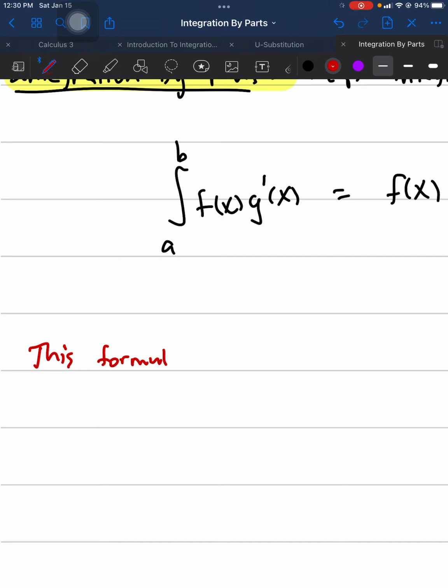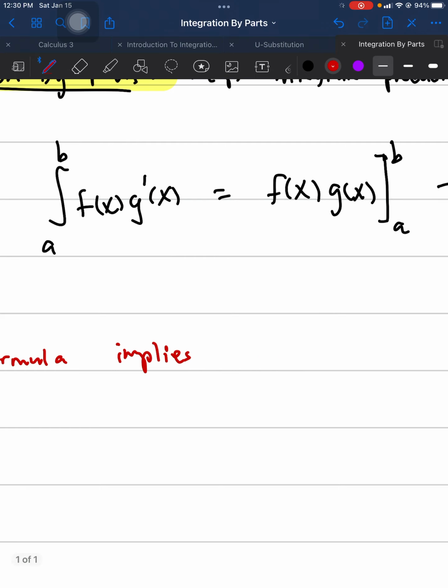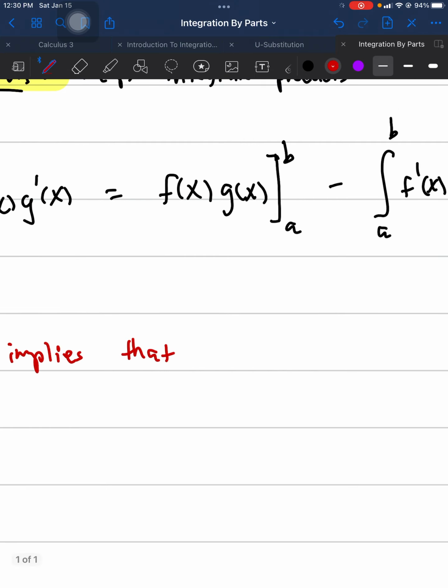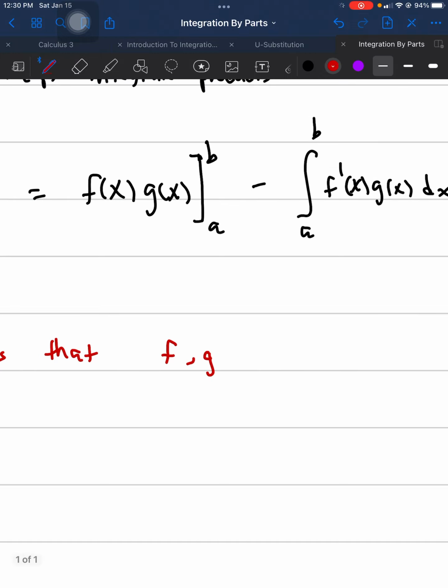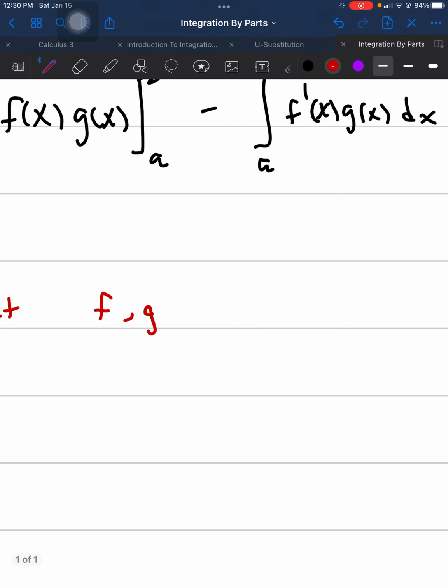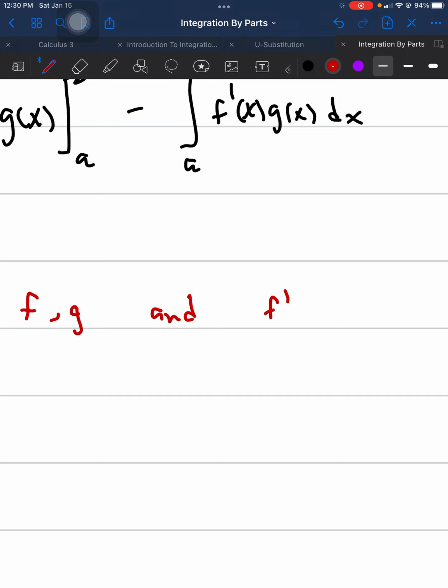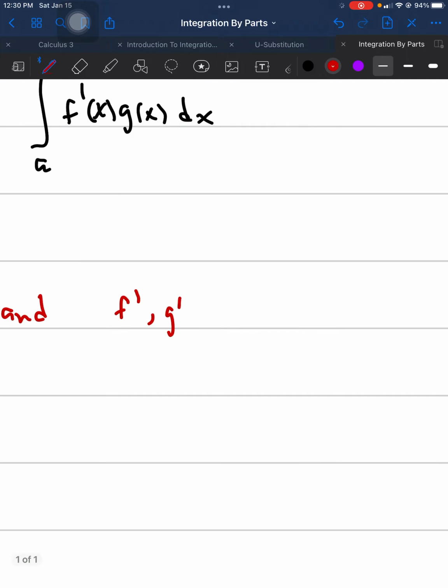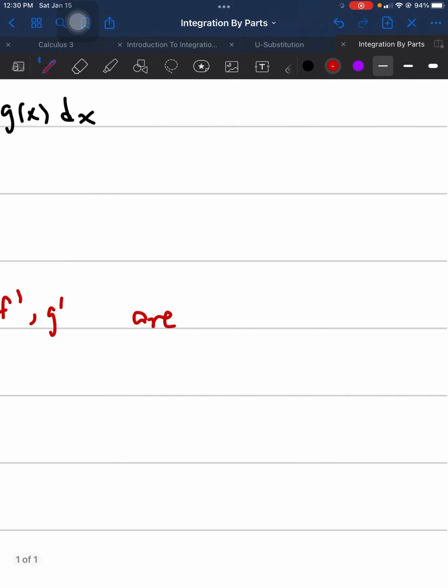This formula implies that f and g, I'm still not going to write the x, just assume that f and g are f of x, g of x, and f prime and g prime are continuous.